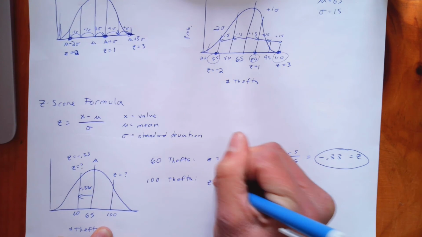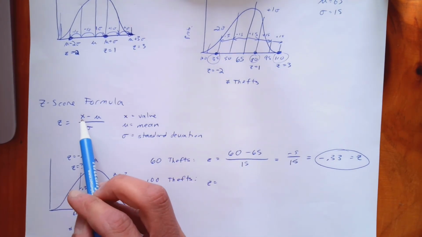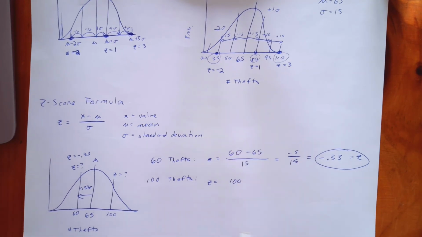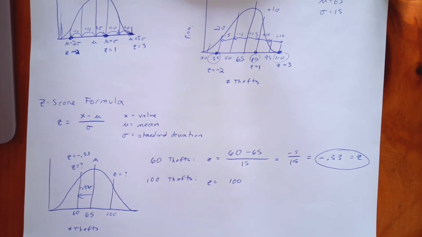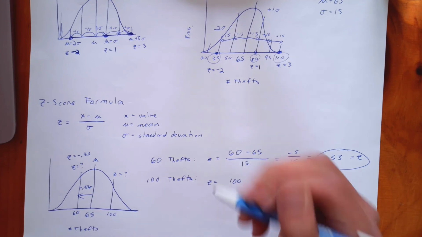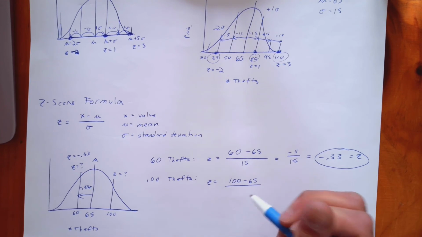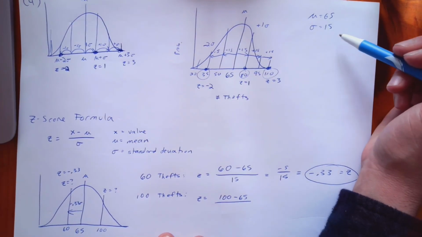And the only difference is that now instead of plugging in 60 for our value of interest, x here, we're going to plug in 100. So we have 100 for x, our value of interest. Our mean is the same because we're working with the same normal distribution, so our mean is going to be 65. And our standard deviation is going to be 15. So mean and standard deviation, same each time.